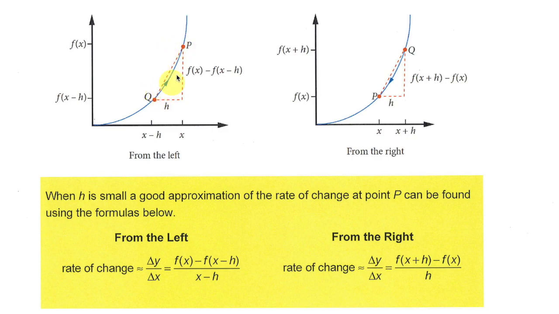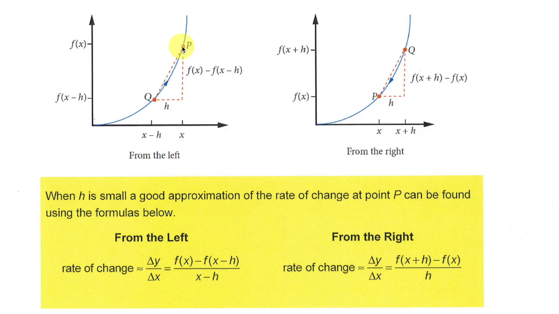So how do I calculate the gradient in this line here? It's going to be the change in y over the change in x. So here's the calculation. Change in y over change of x. Remember, this here at Q is x1, y1, and this here is x2, y2.